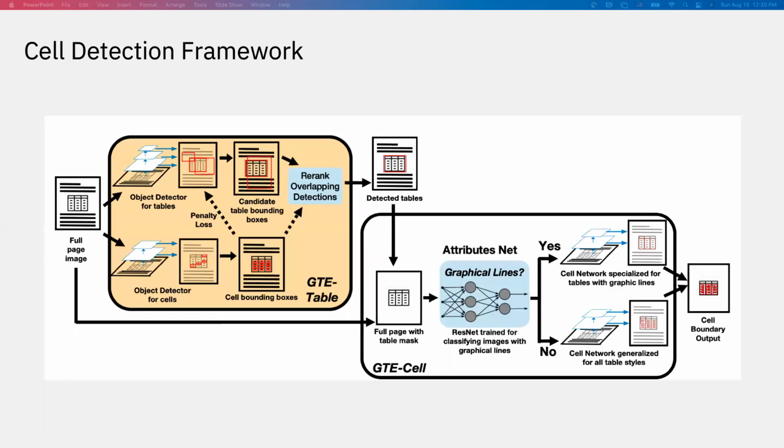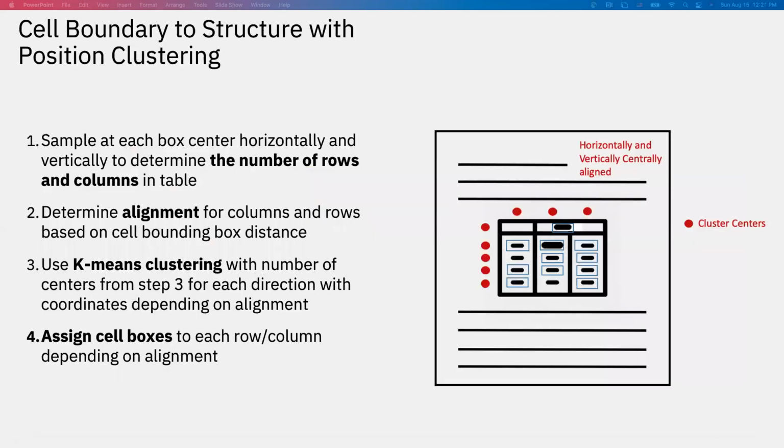But on the high level, we want to deal with the tables that are similar to each other in some fashion together to improve the cell boundary detection. In this particular implementation, we focus on differentiating tables with graphic lines versus the ones that do not. And this, again, results in very good results, which I will talk about very shortly.